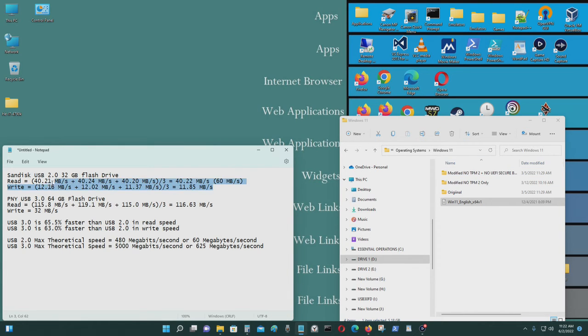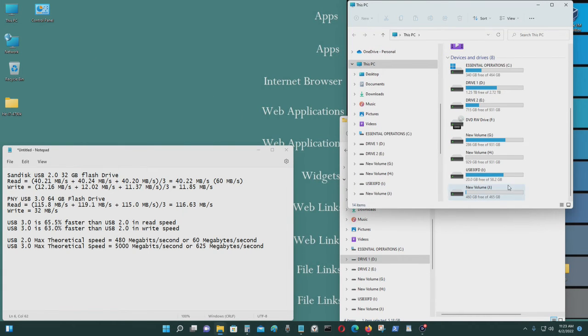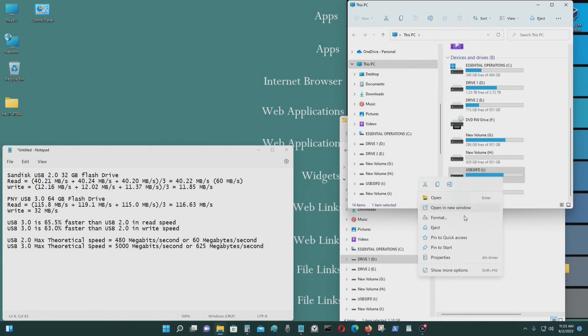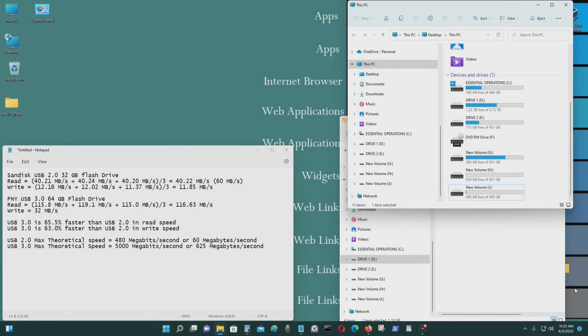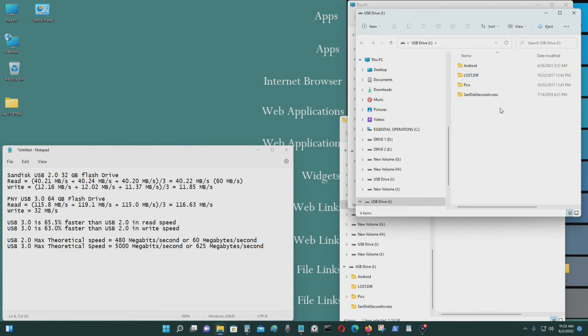So the write speed is definitely a lot slower than the read speed, but next I'm going to be testing out the USB 2.0 and putting that large file in there. Let's see how long it takes, or what the average speed is that I get, not in relation to the benchmark, because I don't care about that.